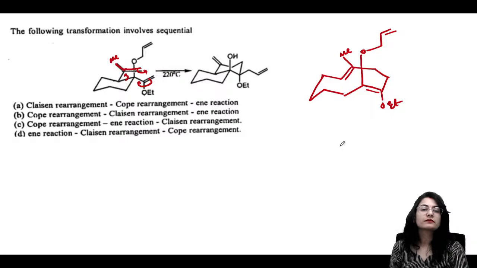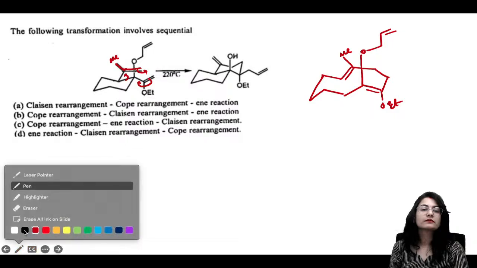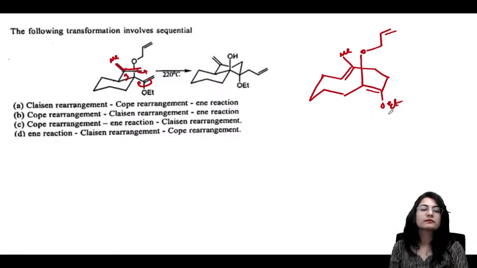Now you are getting one allyl vinyl ether. Okay, now you have got allyl vinyl ether, because you see this is the vinylic ether bond and this is the allylic ether bond. So now you can do a Claisen rearrangement. ठीक है, तो चलो, we will do a Claisen rearrangement over here.